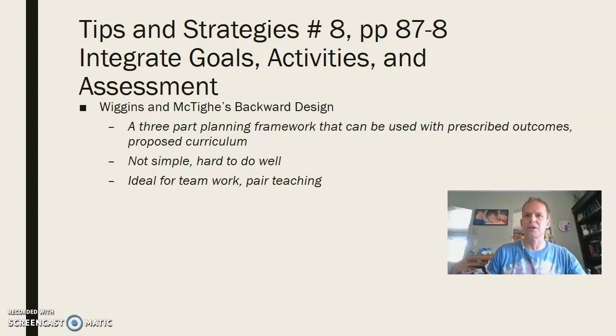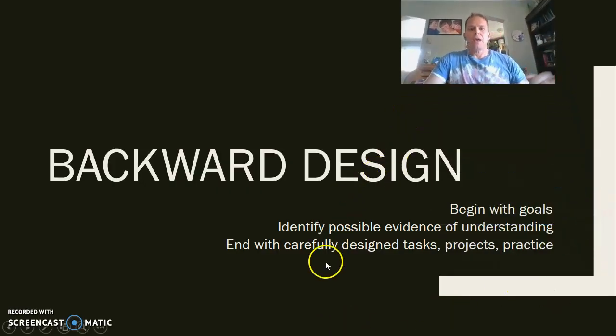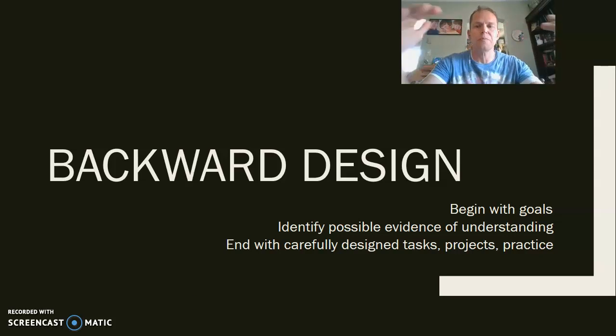Okay, so let's look a little closer at Wiggins and McTighe's backward design. Okay, the backward design. So as it suggests, you want to think about where you want to be and plan backwards. So you begin with the goals, you begin with the values, the attitudes, the transferable and conceptual understanding that you want for your students.